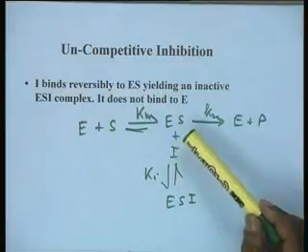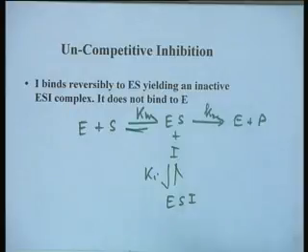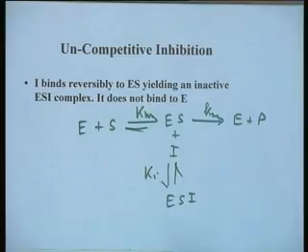So, in cases only where there is an ordered sequence of binding of the ligands, only then is uncompetitive inhibition feasible. In cases where the binding is random, that means the inhibitor and substrate can bind without any sequence, the mechanism of uncompetitive inhibition is very rare.